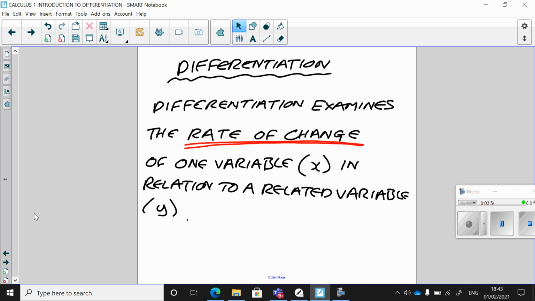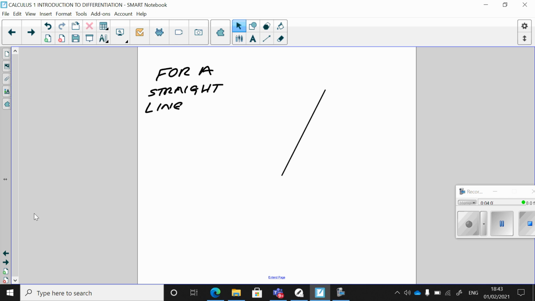Think about a coordinate system here. Could be x, y, and z. Could be x, y, z, and t. But we're going to stick to two variables here. How does one change compared to the other? Rates of change.